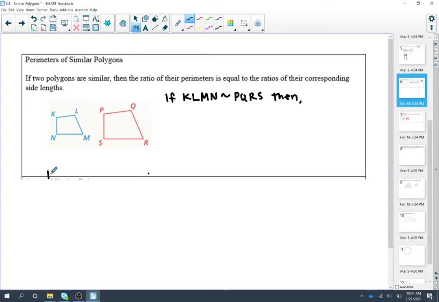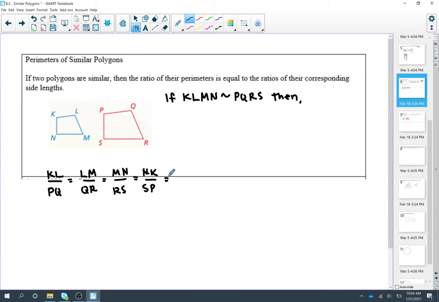The ratio of side KL over PQ is equal to the ratio of LM over QR, which is equal to MN over RS, which is equal to NK over SP. That is your statement of proportionality. The side over the side equals the side over the side, etc.